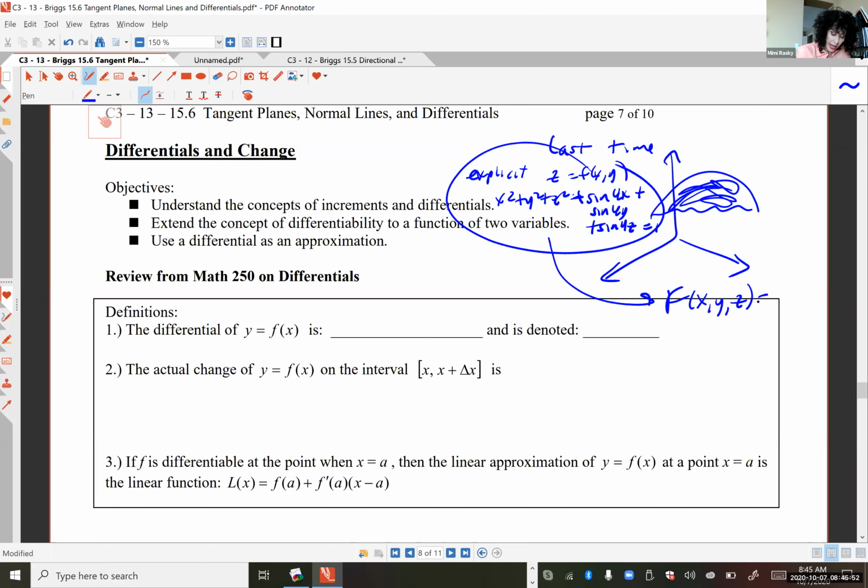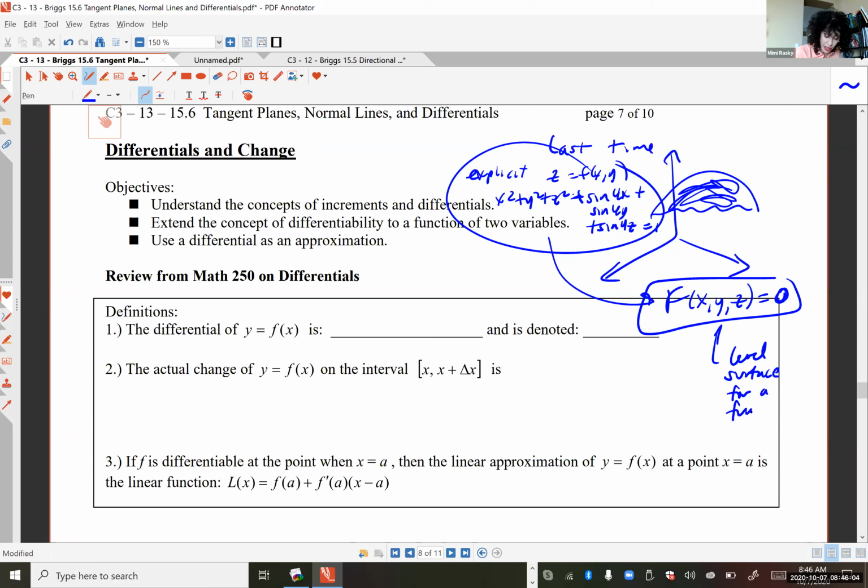And then once you have this general representation, which is like a level surface for a function of 3 variables. To get level curves, you set a function of 2 variables equal to a constant. And some of you blew that quiz problem out also, the one where you had multiple choice, pick the level curves.